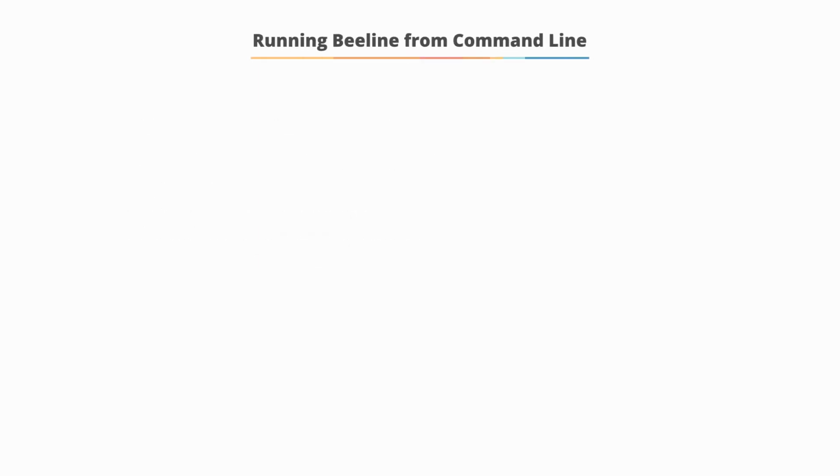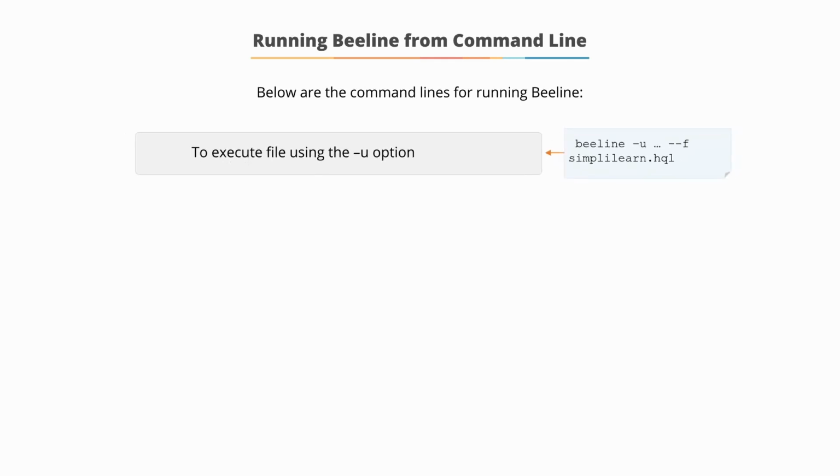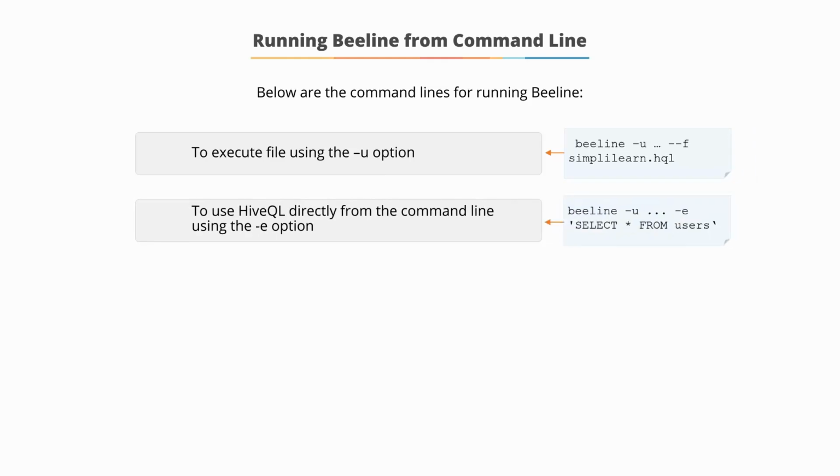Running beeline from the command line. Below are several examples that you can use to execute a beeline command directly or using an HQL script. You can execute the file using the -u option by using the following command: beeline -u -f followed by the file you'll pass to it, in this case Simplilearn.hql. You can use Hive QL directly from the command line using the -e option: beeline -u -e, and then in quotes select asterisk from users.